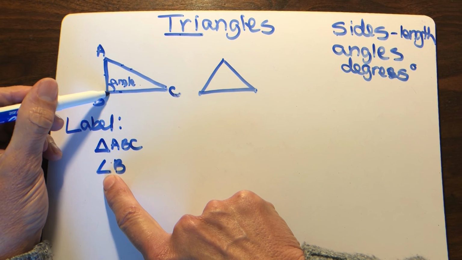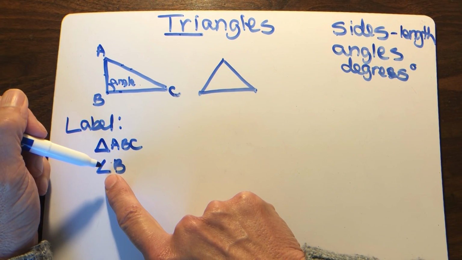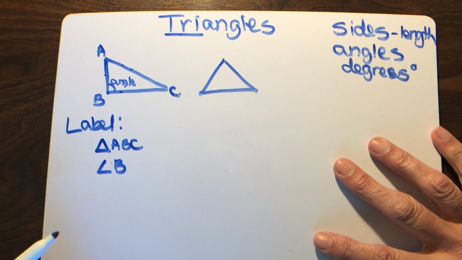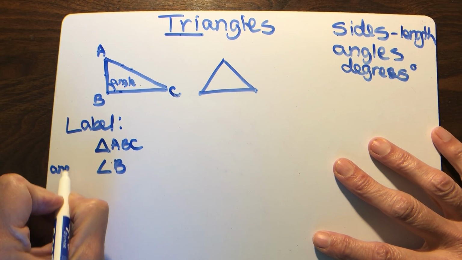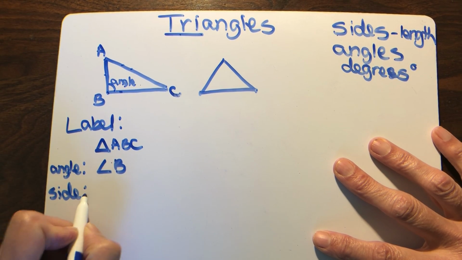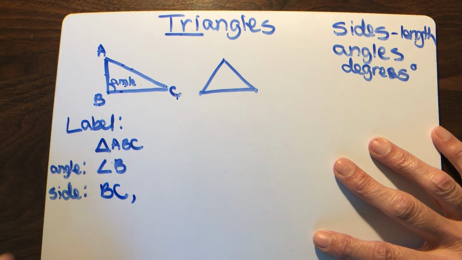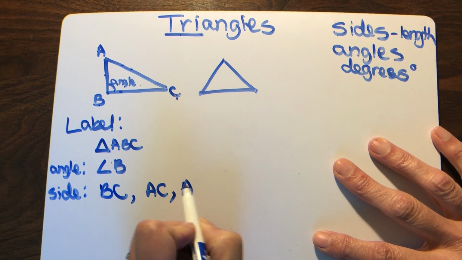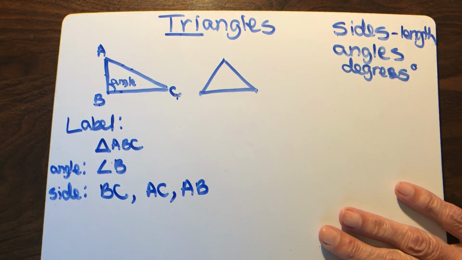The vertex is where the lines intersect, so that would be angle B. So we've got two different ways there, but then you also can refer to the sides, and the sides would be referred to with just the capital letters like BC, AC, or AB. So those would be the sides of that particular triangle.